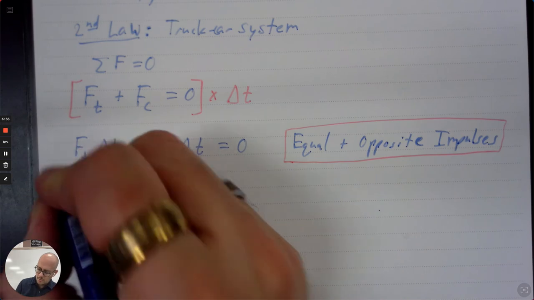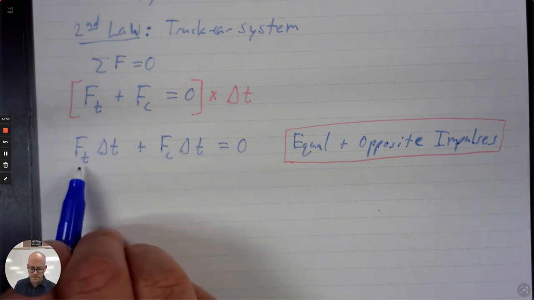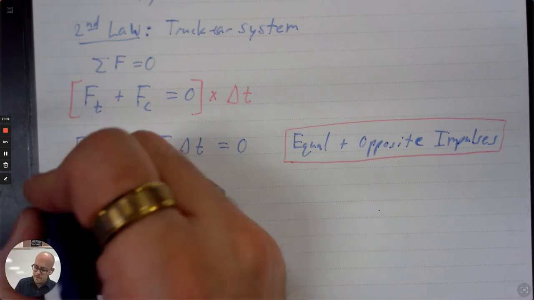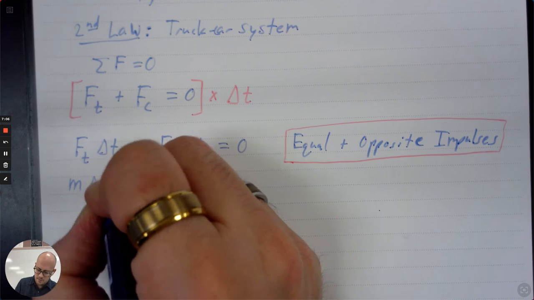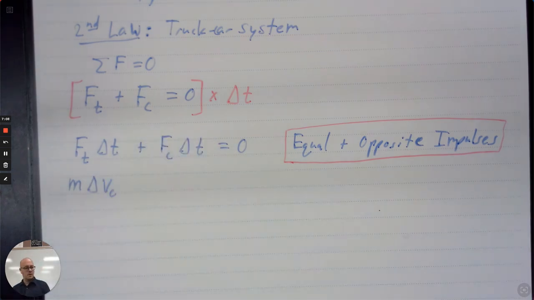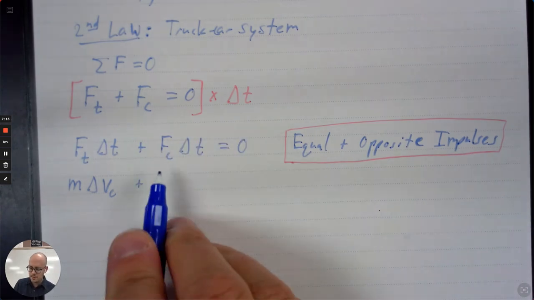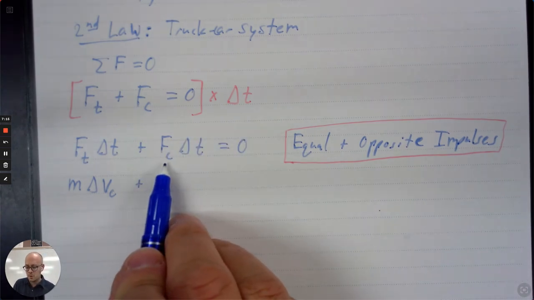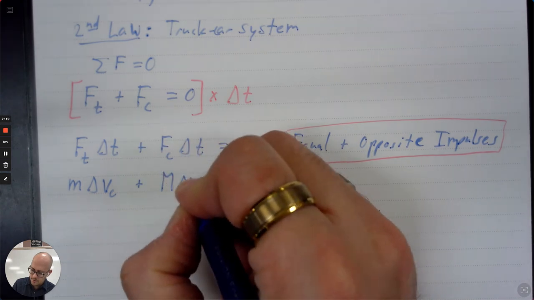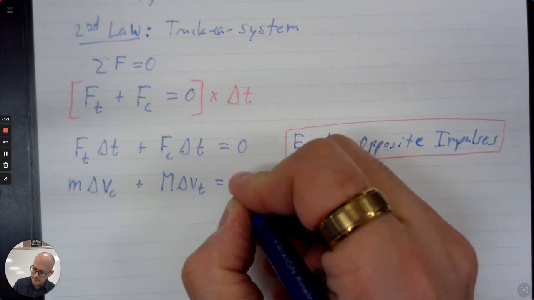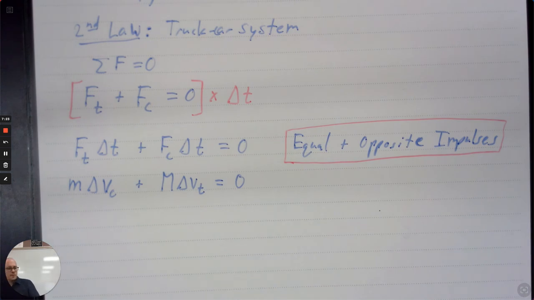So the force that is exerted by the truck is exerted on the car. And so the car experiences a change in momentum. If I go over to this one, this is the force delivered by the car to the truck. The truck also experiences a change in momentum, and those things have to equal 0.